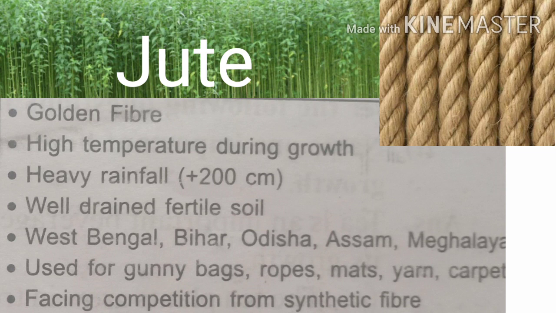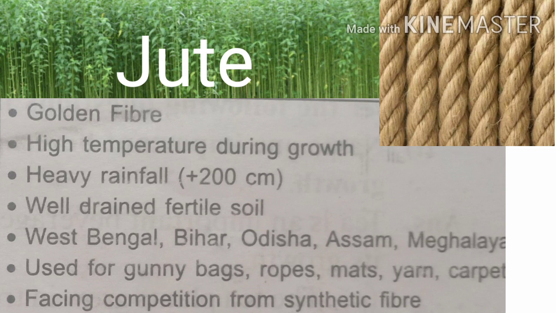Now we are going to see another important fiber crop called jute. It is called the golden fiber. Jute needs high temperature during growth and rainfall should be above 200 centimeters. It needs well drained fertile soil for its growth.